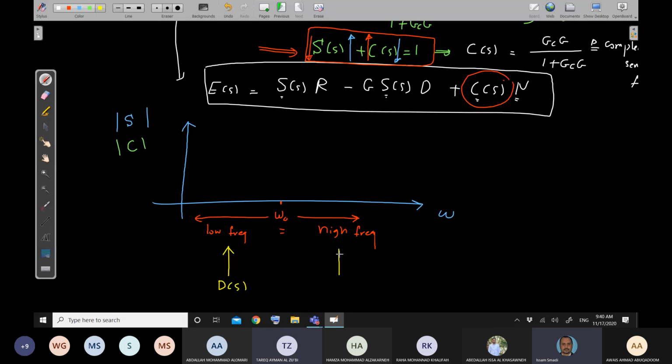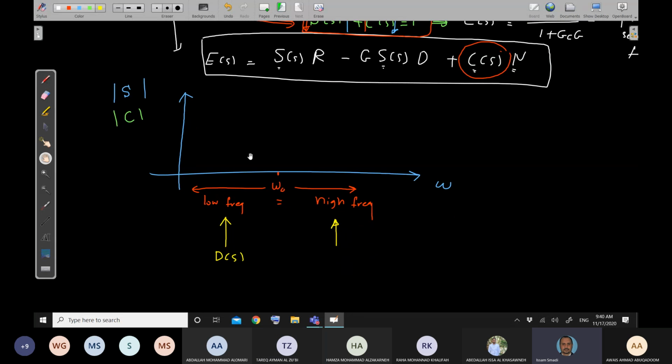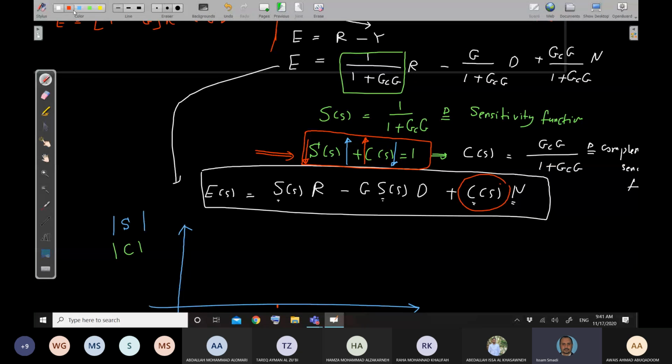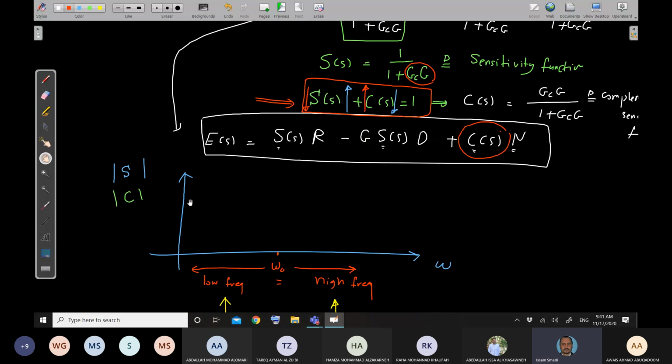And the noise, by definition, is high frequency. Do you know white noise, for example? It's a high frequency signal. So someone will ask, can I design the loop gain such that it has a high amplitude at low frequency and a low amplitude at high frequency?